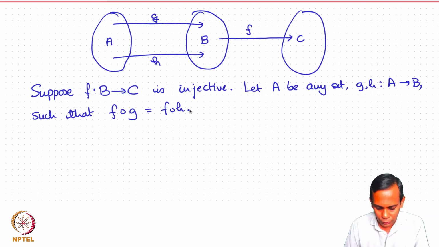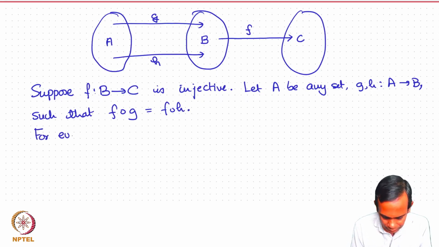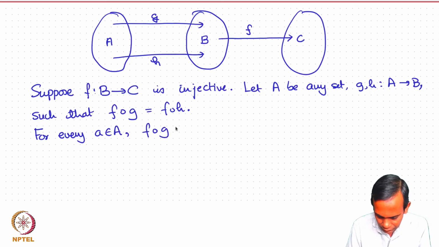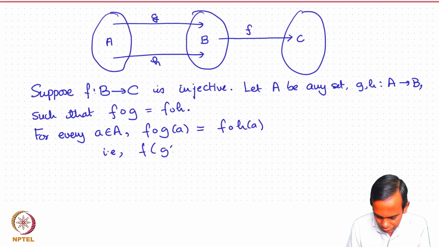Now we need to show that g is equal to h. What we have is that for every element a in A, f circle g of a is equal to f circle h of a. This is the same as f of g of a is equal to f of h of a.